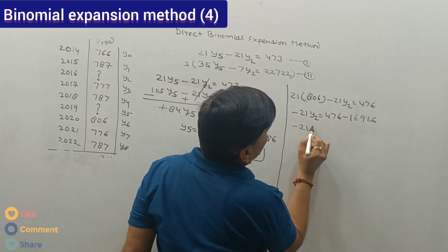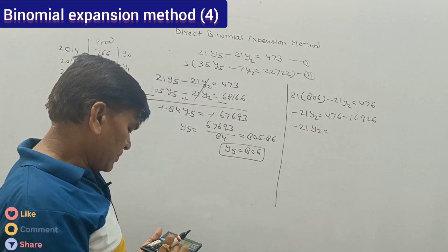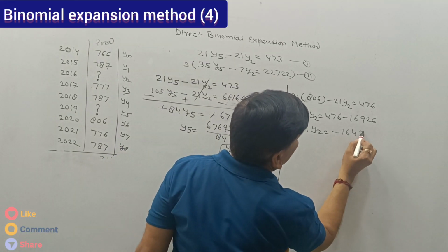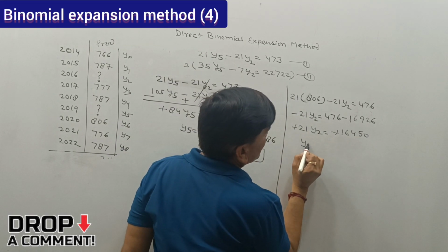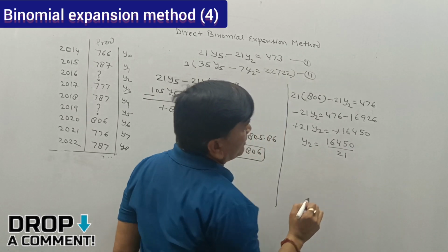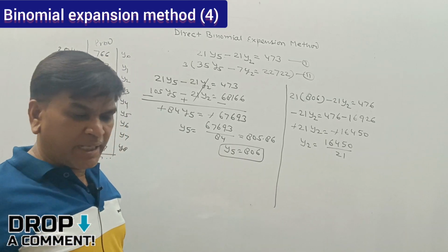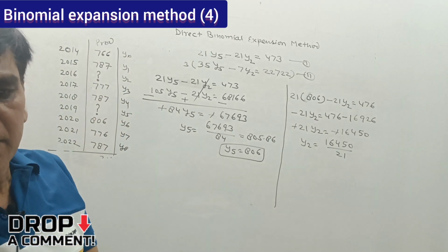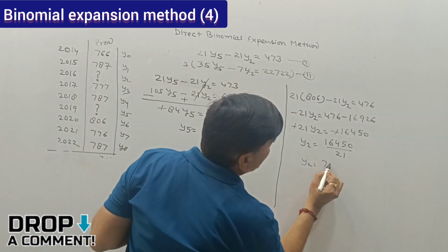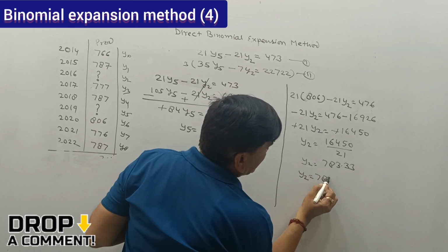So minus 21y2, that is 476, is plus value. So having 16450, minus 16450, minus to minus cancel. So y2 is 16450 divided by 21. So this value is 783.33, so this value is 783. So the y2 value is 783.33, or the y2 value is 783.